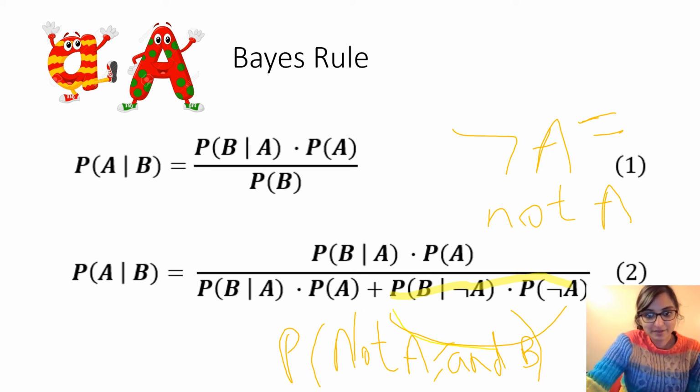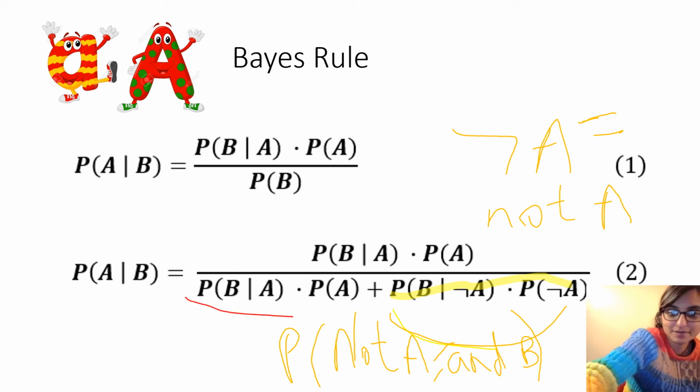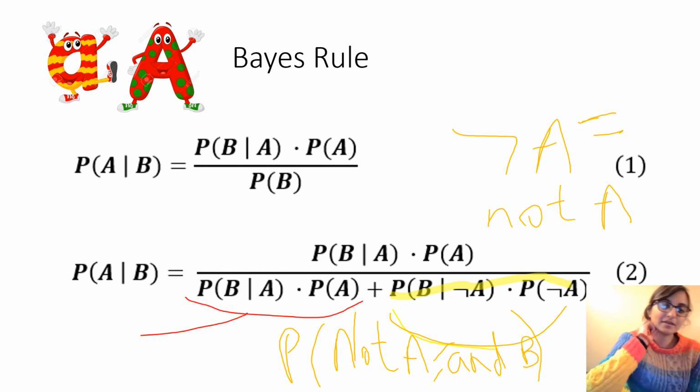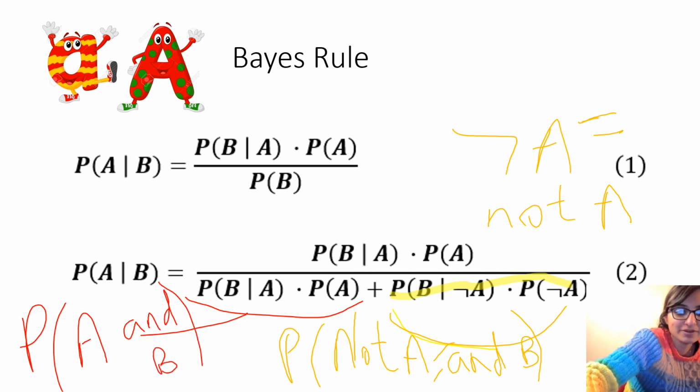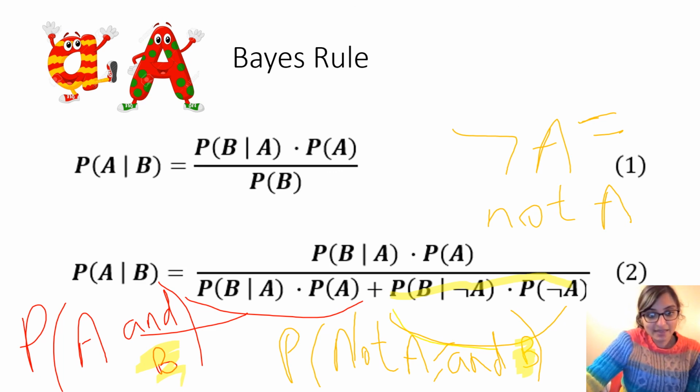And this part here is going to be the probability of A and B. So the most important thing right here is that essentially this is A and B here, and this is B here, but you're just adding any outcome. This is the probability of B.